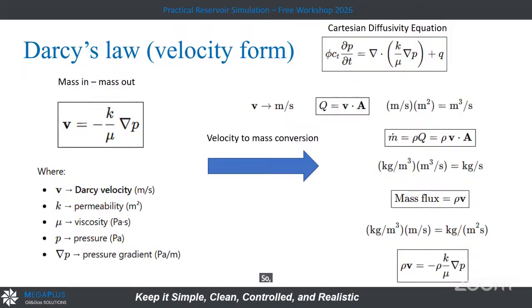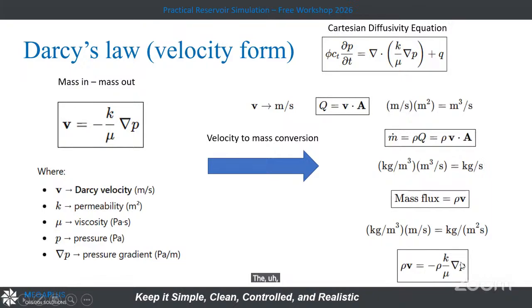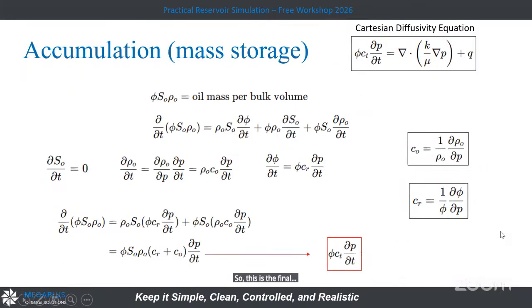So I assume here that the area is constant between the grids. So the mass flux will be the density multiplied by the velocity, which will be equal to the density, the permeability and viscosity, and the difference in pressure. So this is the final formulation of Darcy.